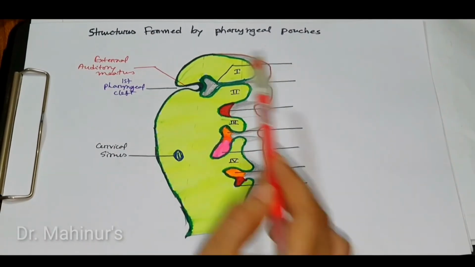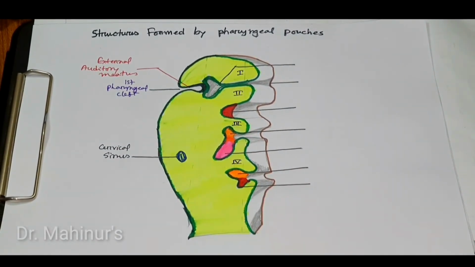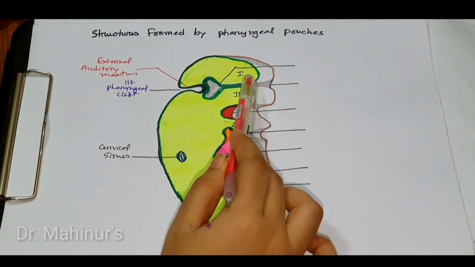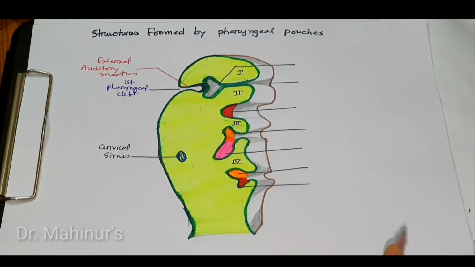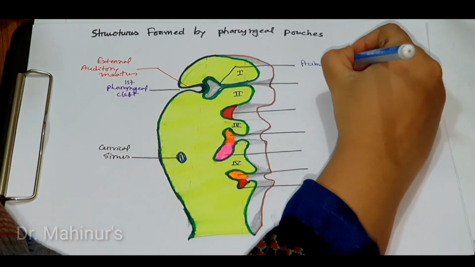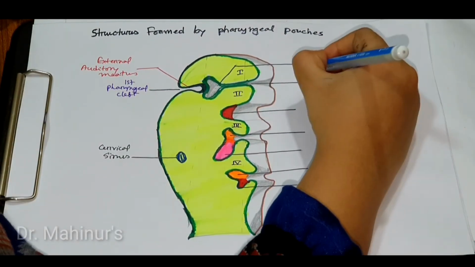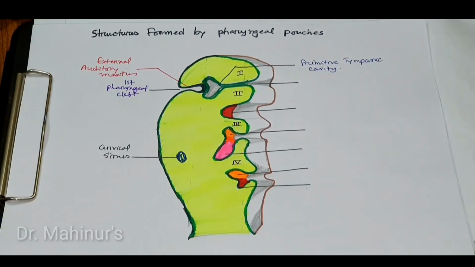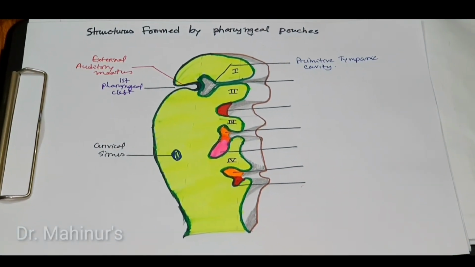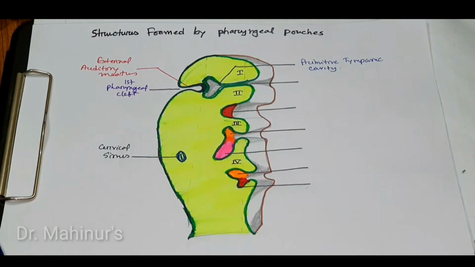The distal portion of the diverticulum widens into a sac-like structure, the primitive tympanic or middle ear cavity. The lining of the tympanic cavity later aids in formation of tympanic membrane or eardrum.